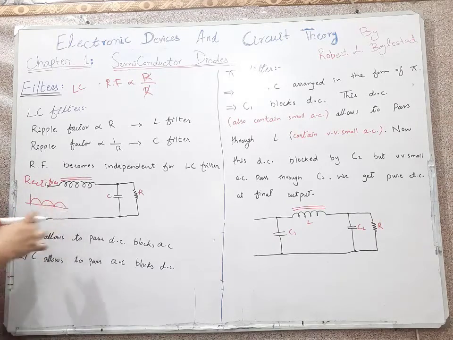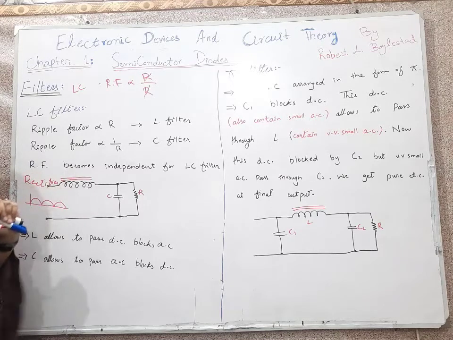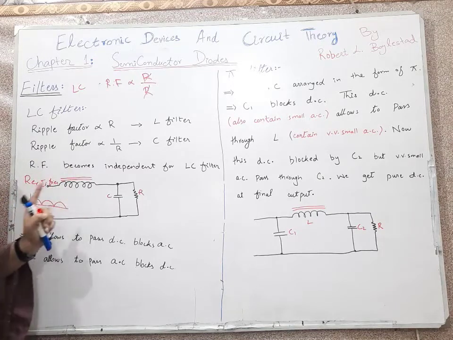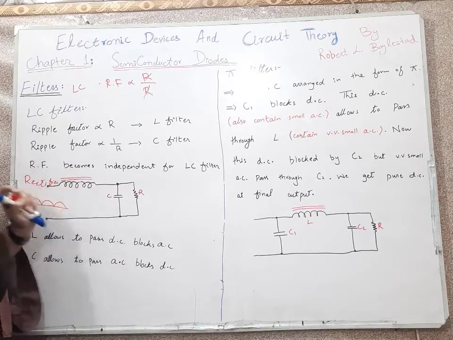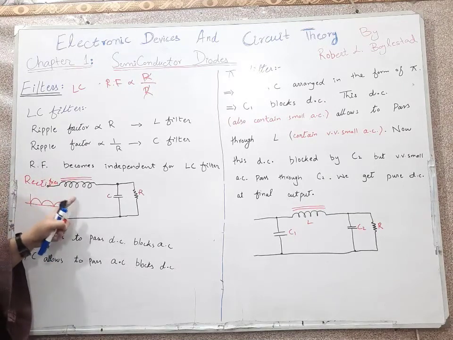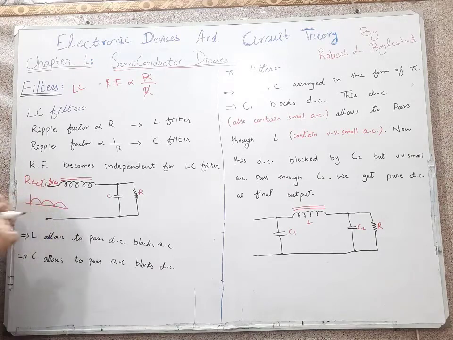This output contains AC and DC components. So this output will pass through this inductor, and this inductor will allow the DC to pass and block the AC components.